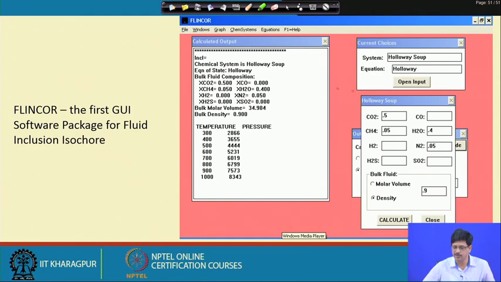There were some formulations which could calculate the PVTX relationship in such a complex fluid mixture, and the isochores would be displayed, and again that has to be copied down and taken to any other software where the graph could be plotted.